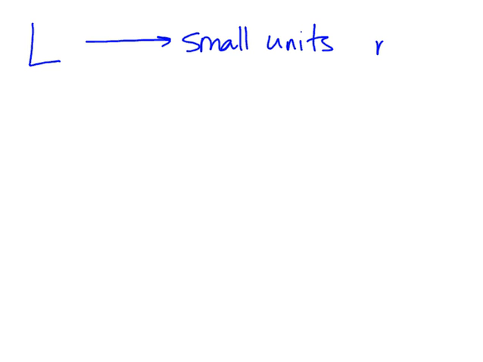Now, excuse me, the different, I guess we could say, offshoots of these units that we're going to be dealing with. Let's say a liter, which is abbreviated with a capital L. We have small units, such as milliliter and centiliter.